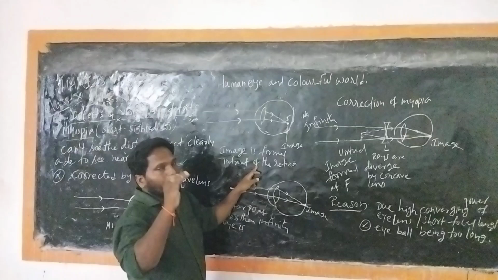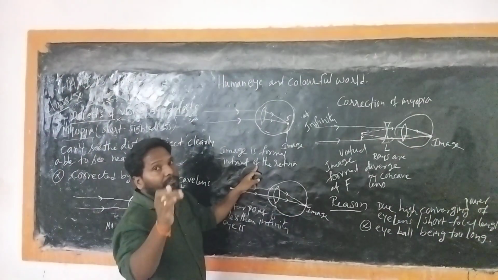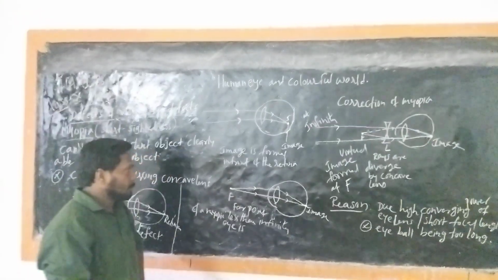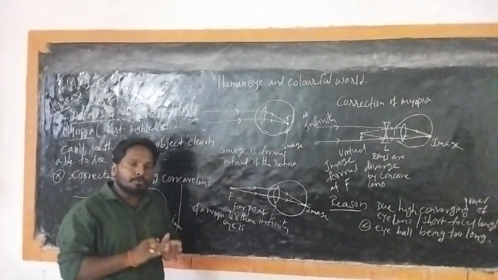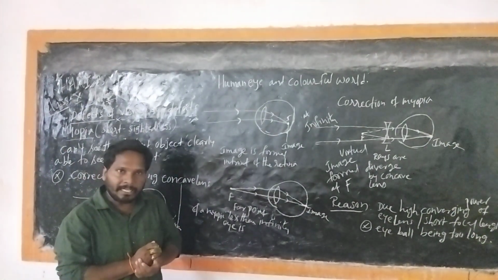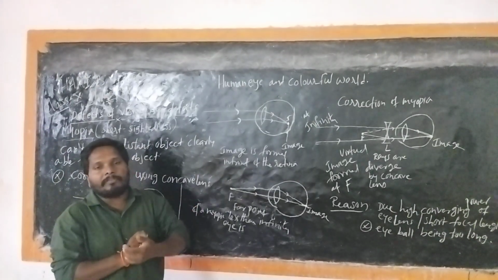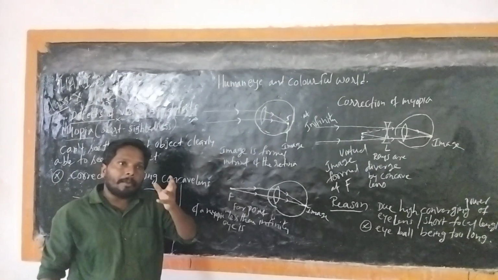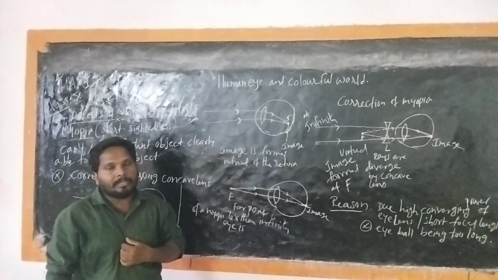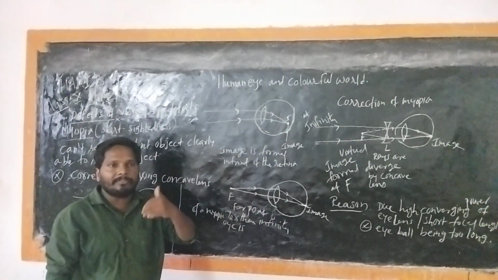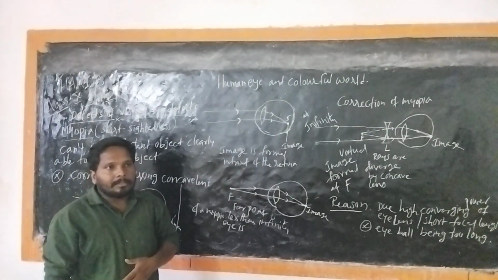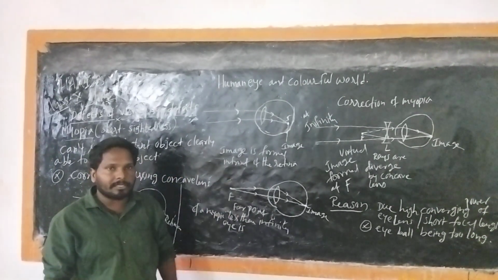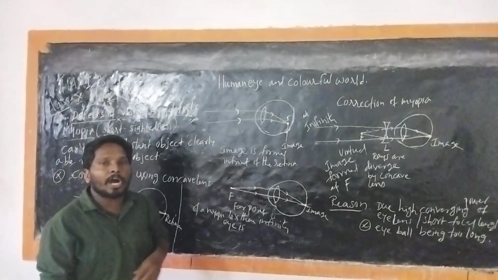So the person is unable to see the far objects. To make a person with myopic eye see the object clearly, the object should be placed in front of the eye, so that the distance between the eye lens and the object is less than the far point.